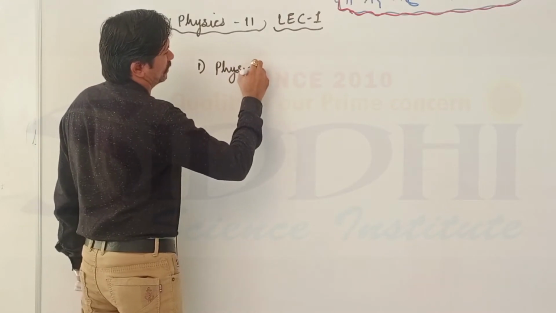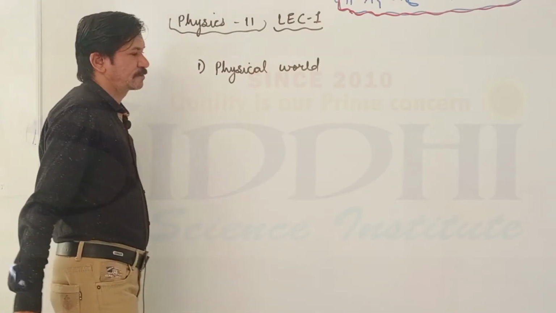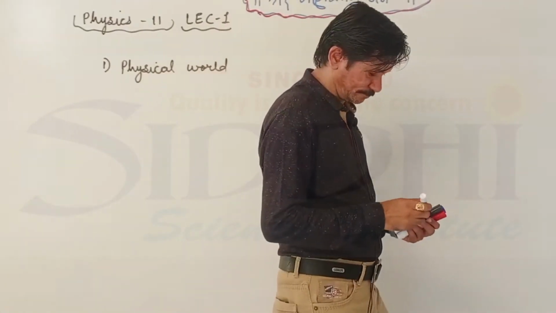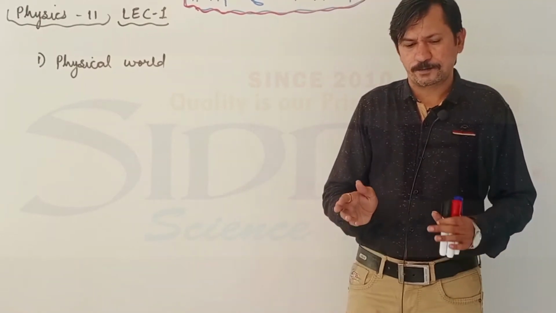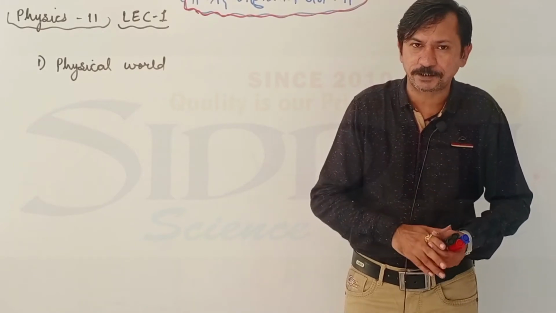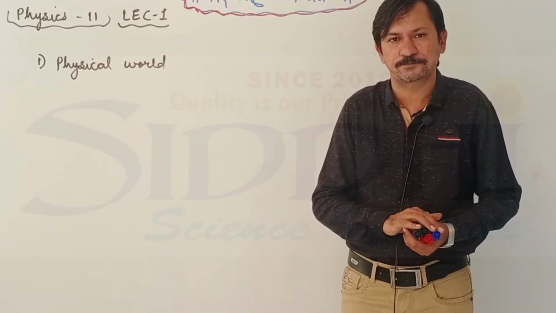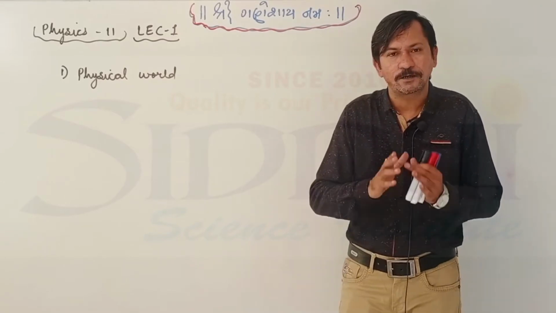Name of the lesson is physical world. Physical world. This lesson will give us the information about all other chapters of 11th and 12th science. In fact, the lesson is an informative lesson.